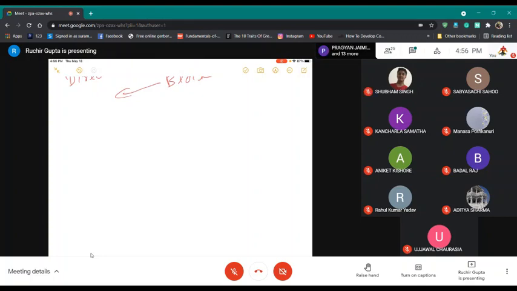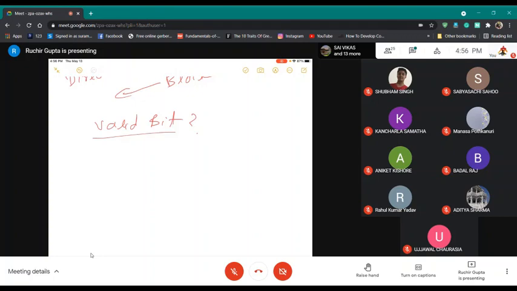So there is one control bit that is called valid bit. So what does this valid bit do? The valid bit tells you whether whatsoever is stored in the cache is actually of use or not.